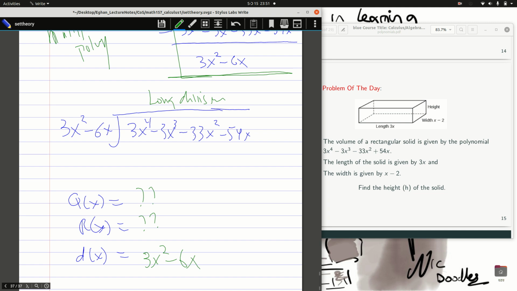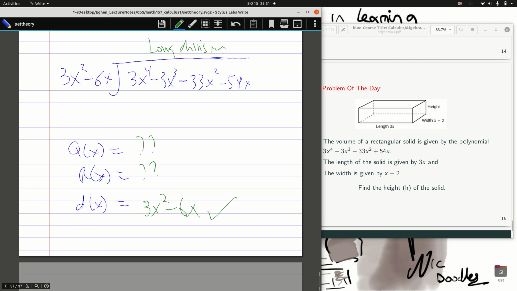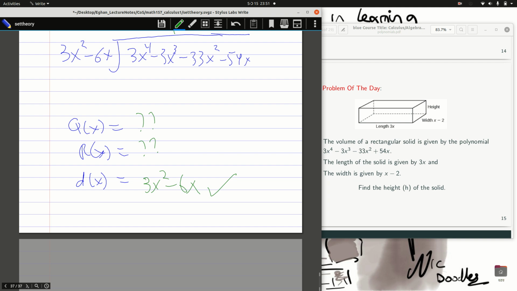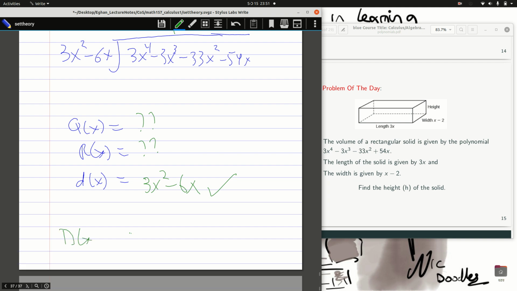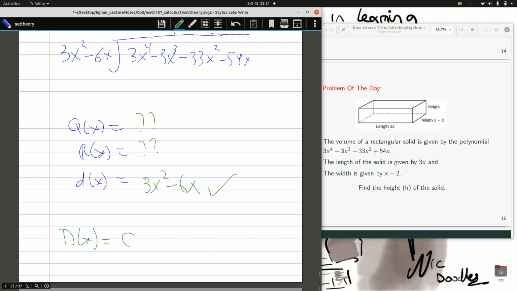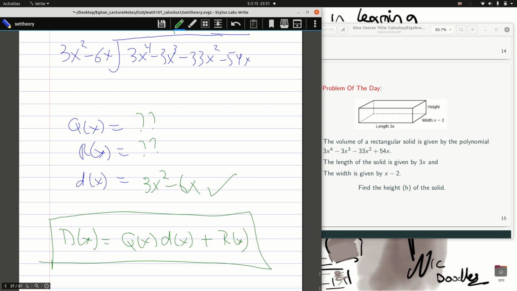So I've answered the divisor for you. Go ahead and find the quotient and then the remainder, and then let's see what you have. When you are done, don't forget to test. Now your numerator is equal to the quotient you get times the divisor plus the remainder. Don't forget to test this.